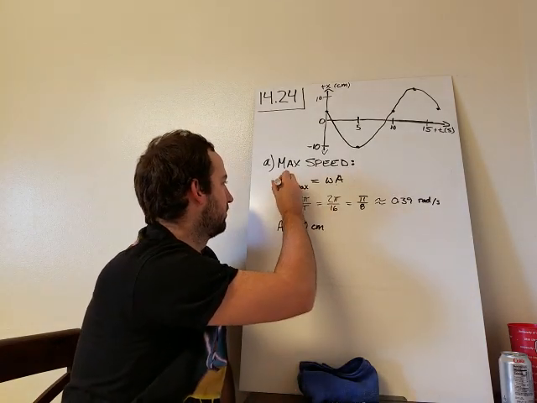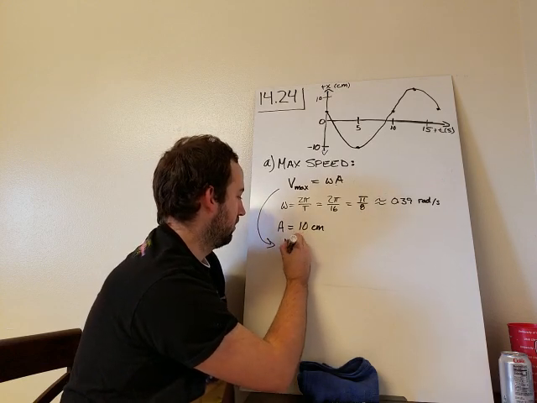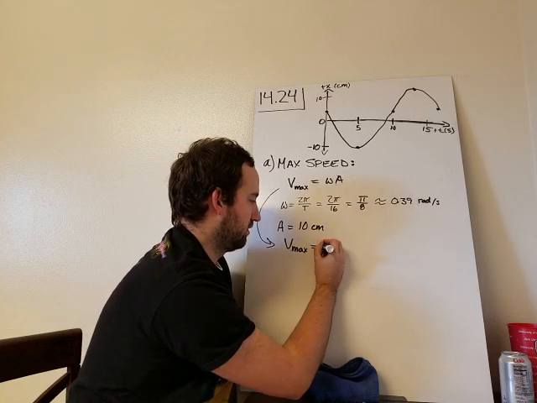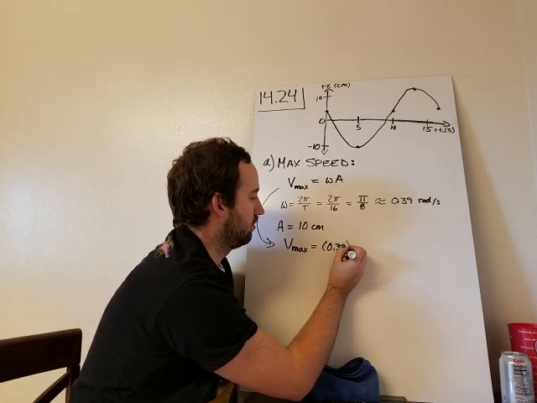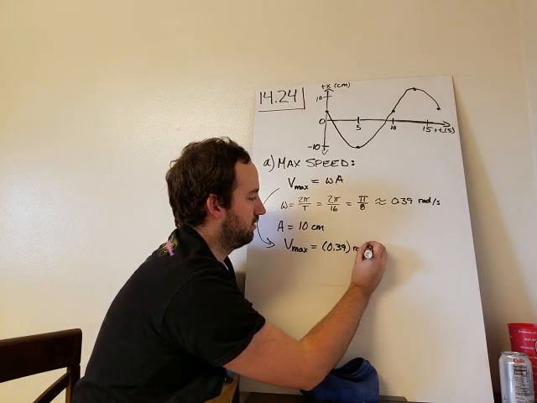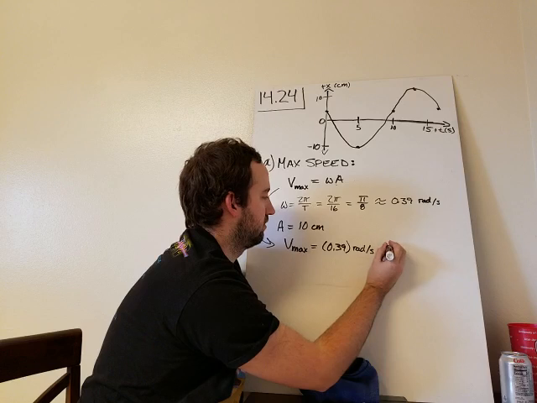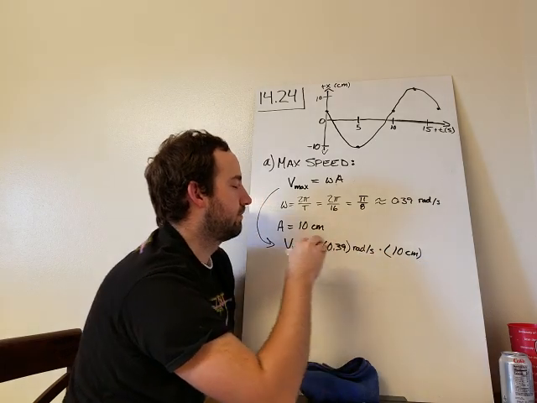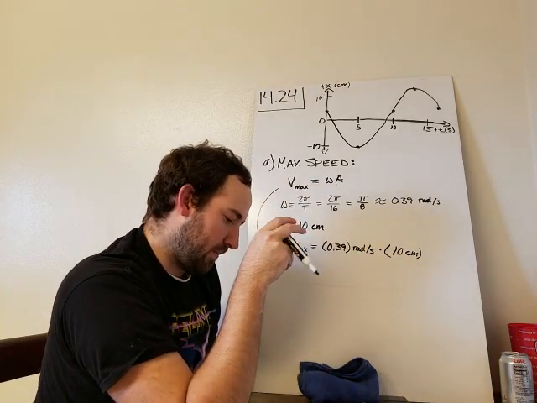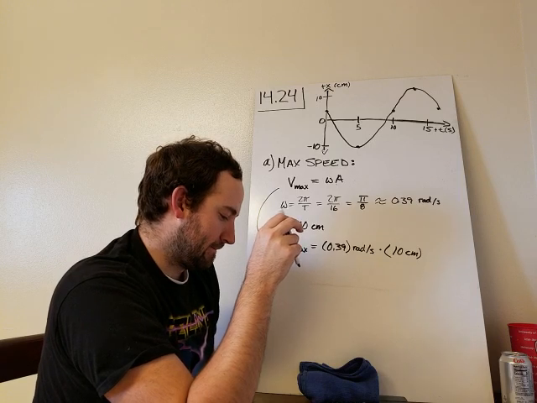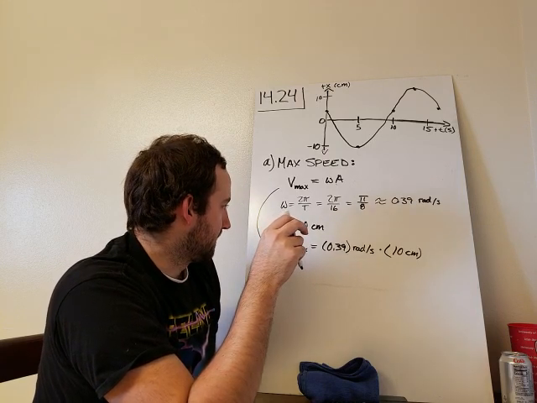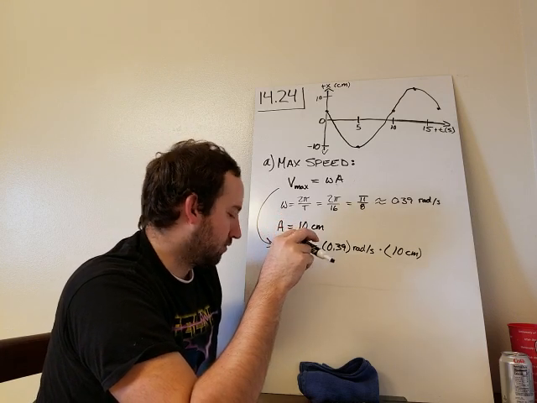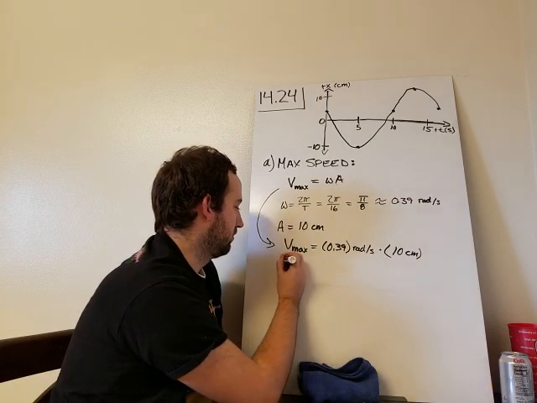So now we have everything we need to find that maximum velocity. So we go back here, and we know that our maximum velocity is equal to 0.39 radians per second times 10 centimeters. Now all we have to do is multiply these together, and we will end up with 3.9.